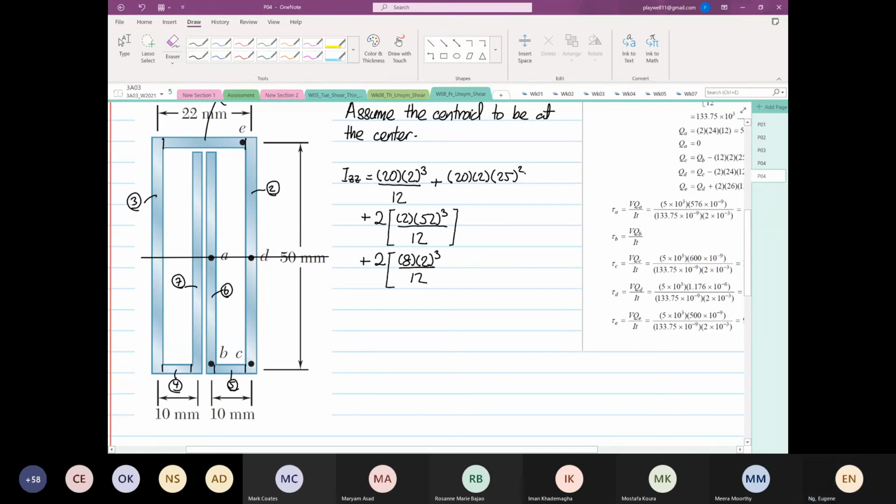Okay, then plus by 8 times 2, then multiply by what? 25 squared. Right, so that is for the bottom flange.